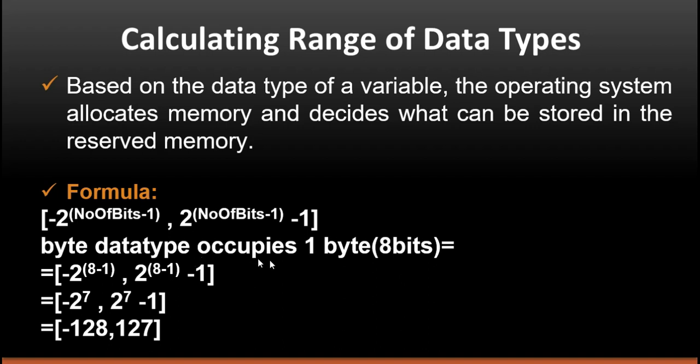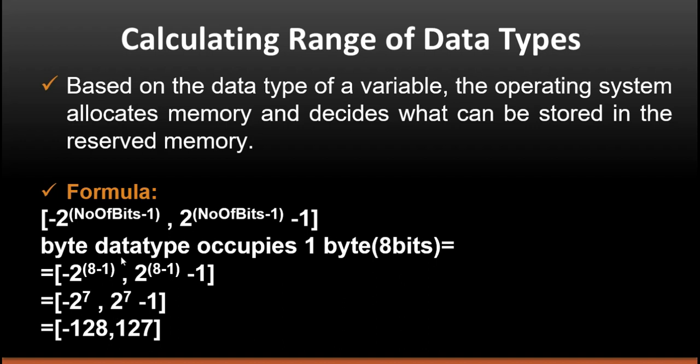Let me give one example. I am taking the example of the byte data type. Byte data type occupies 1 byte, that is 8 bits. So I substitute the number of bits with 8: minus 2 raised to 8 minus 1, comma 2 raised to 8 minus 1, minus 1. What I get is minus 2^7 to 2^7 minus 1, that is minus 128 to plus 127.